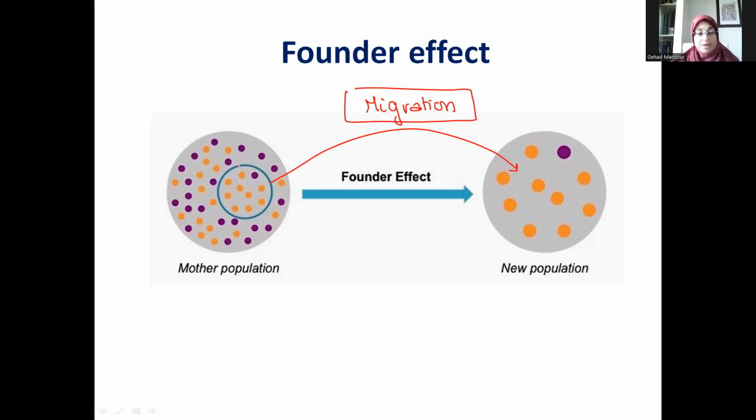And accidentally, as you see, the small population that decided to migrate had this dominant allele overrepresented, and therefore when they reproduced, especially that they are isolated and they interbreed, it was overrepresented.